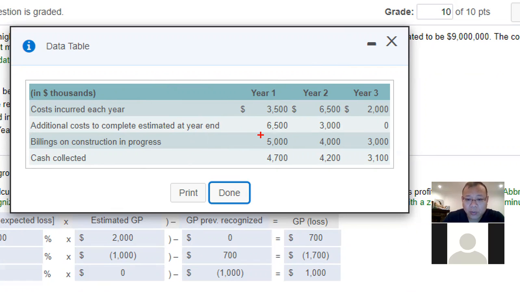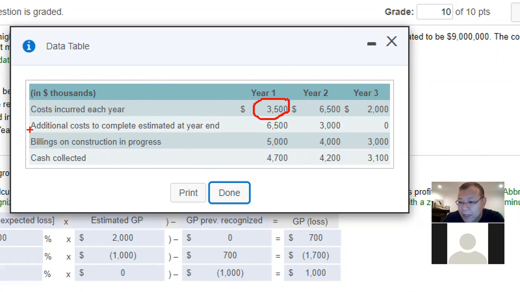So let's figure out the gross profit for the first year. For the first year, first of all, let's use the percentage of completion. We are using the cost to cost method, right? In the first year, you use the cost incurred to date, which is the cost in the first year, that's this number, 3,500.